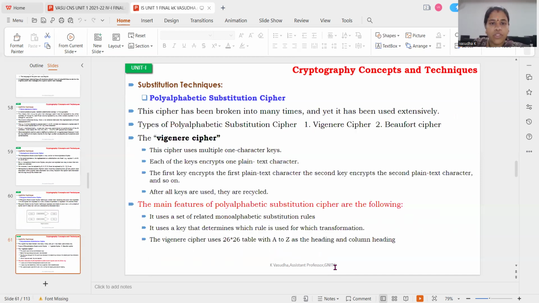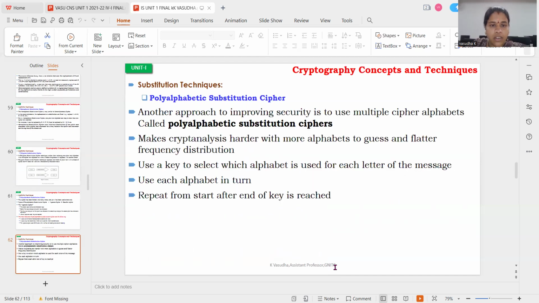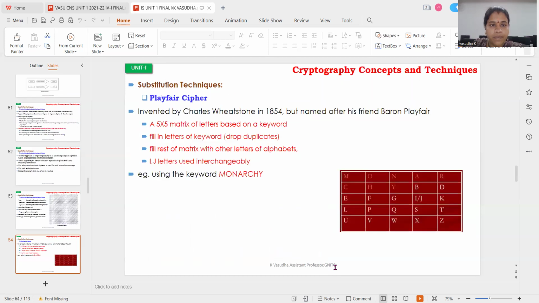Next, we'll move to the Playfair cipher. Playfair cipher is also one of the important substitution techniques.